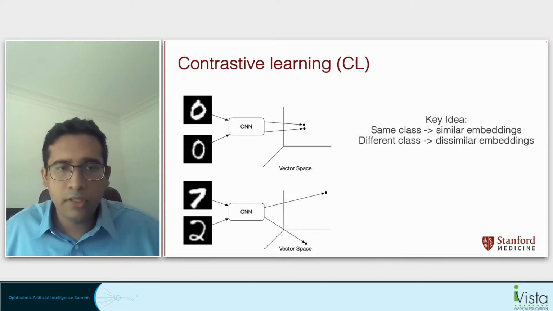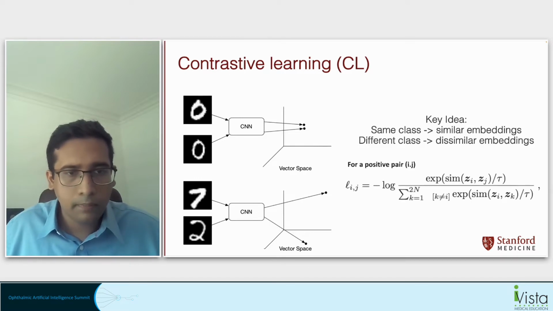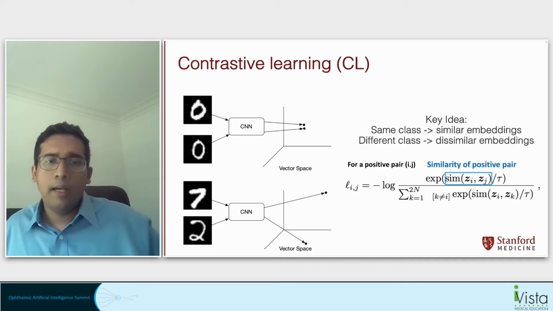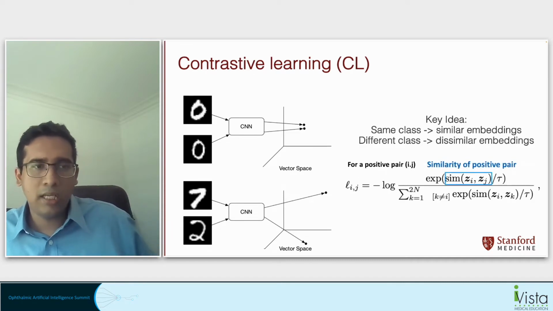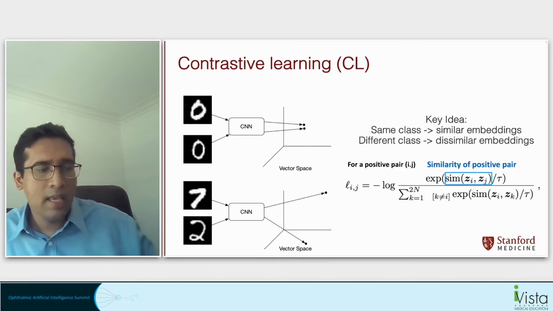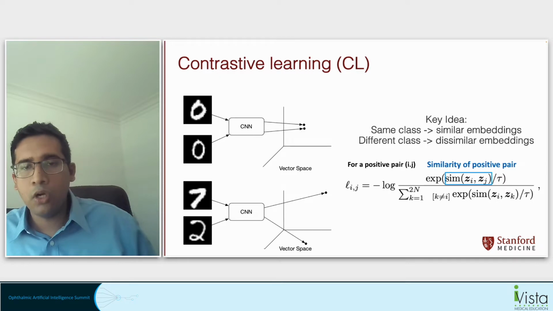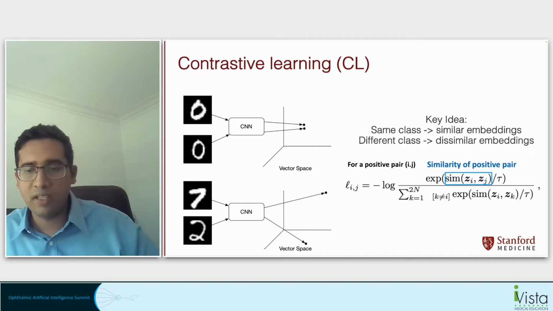We can look at the loss function. So this is a loss function where, for a positive pair i and j, for example these two, we measure the similarity of them. And then the denominator is the sum of the similarity function over them, where k covers all the other images in a specific batch.